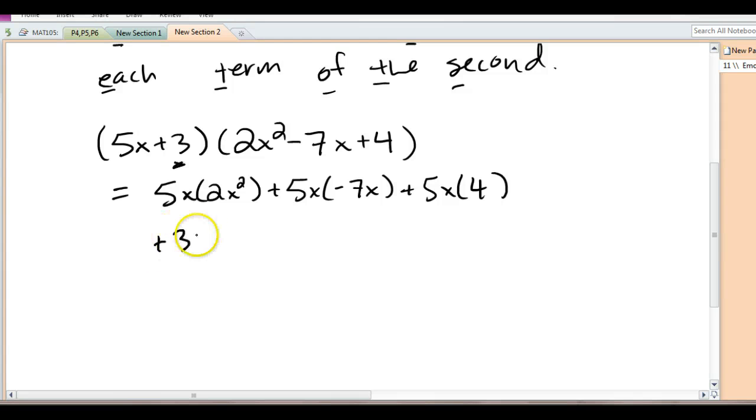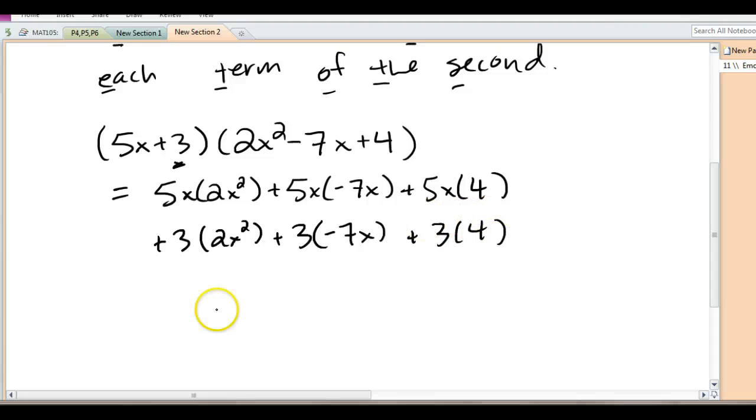So 3 times 2x squared plus 3 times negative 7x plus 3 times 4. And we end up with 6 terms. So we took each term from the first polynomial and multiplied it by each term of the second. Then basically we just have to use exponent rules. Remember, if I do x times x squared, I'm going to get x to the third power because I'm adding the exponents. 1 plus 2 makes 3. And then combine any like terms I have left over.